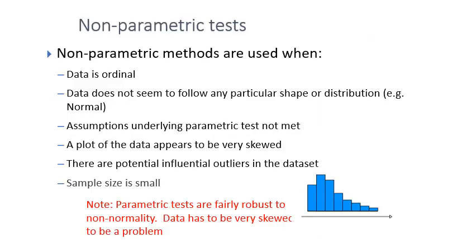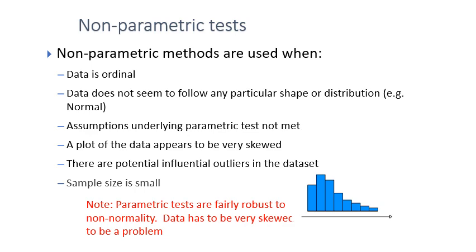Mostly, non-parametric tests are for data which are ordinal or do not follow any particular shape, when the assumptions underlying parametric tests are not met, when the data is skewed, when there are potential outliers, and for small sample sizes.